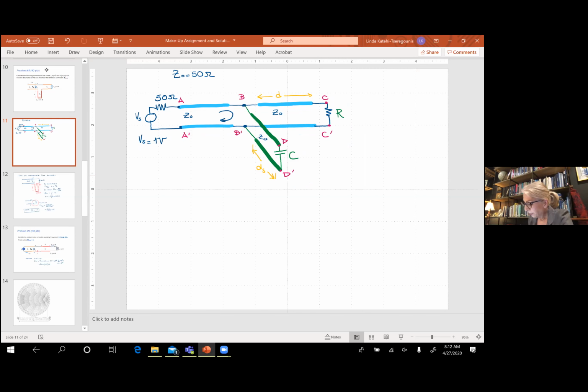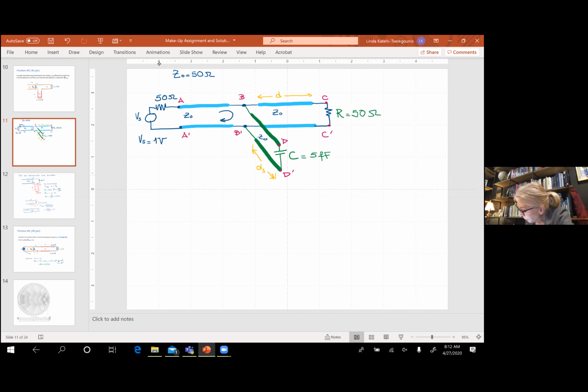What I need to give you additionally to be able to solve the problem is the resistor here. So let me give you these 50 ohms. And I need to give you the capacitor here. Let's assume that this is 5 femtofarads.